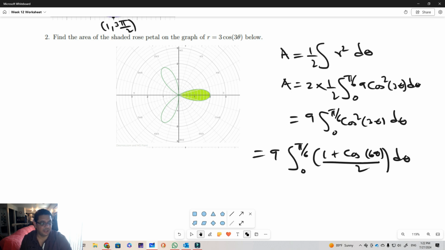Now at this point I can go ahead and split this integral. Of course, I can see it as 9/2 multiplying the integral from 0 to pi over 6 of dθ plus the integral from 0 to pi over 6 of cosine of 6 theta.